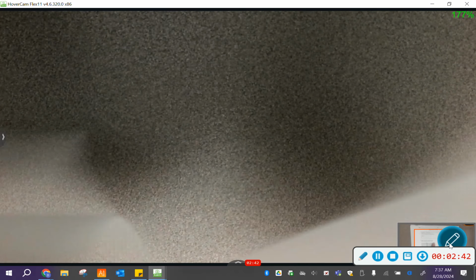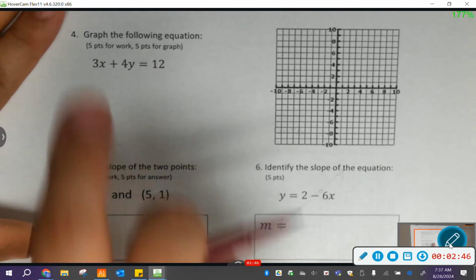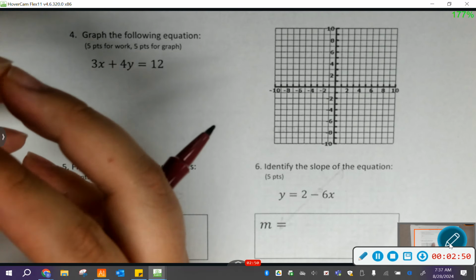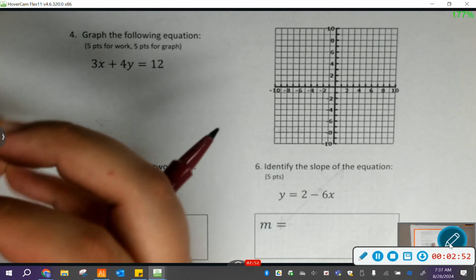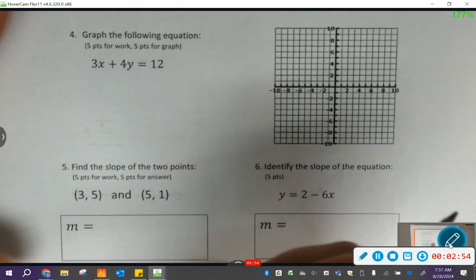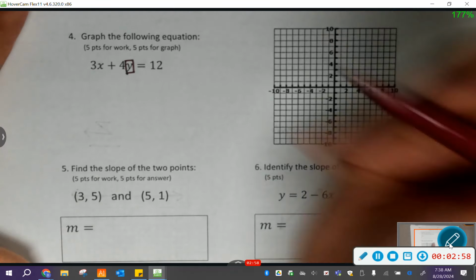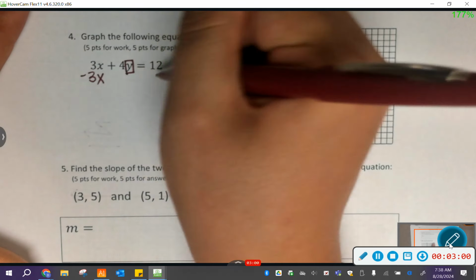All right, flip over to the back. For the back of this quiz, this one was where the most problems happened. The biggest thing I noticed, again, I've said it all week, is your negatives. How do you get y by itself? Minus 3x.